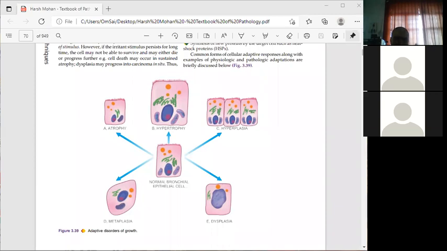Adnexal masses include ovarian cysts, ectopic pregnancies, and benign or malignant tumors.